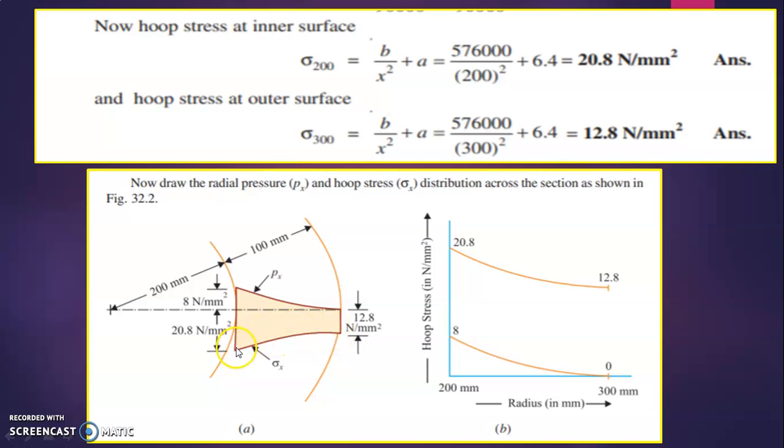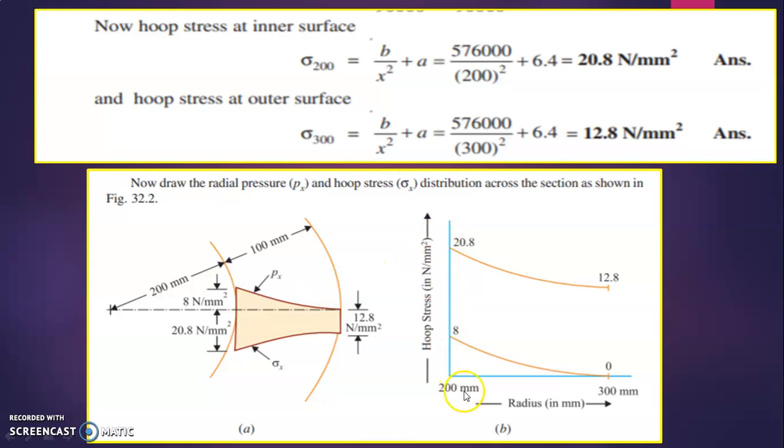Like this you can draw the radial pressure and hoop stress distribution for a thick cylinder. Here it is 12.8 at the outer surface, and the circumferential stress at the inner surface is 20.8. Similarly, for the radial stress distribution at the outer surface it is 0, and at the inner surface it is 8 Newton per millimeter square.